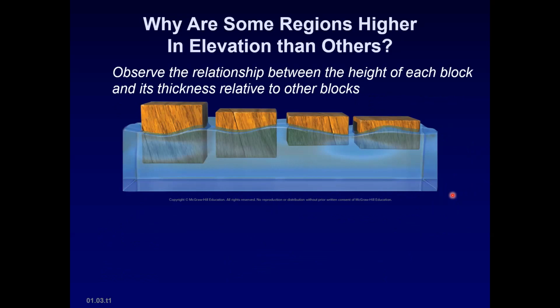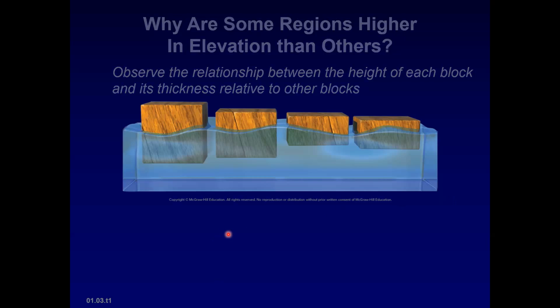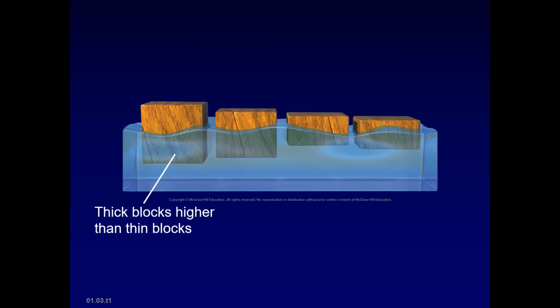Thinking more about why some regions are higher in elevation than others, just based on density and thickness alone right now, we'll look at the relationship between the height of each block. These are wood blocks, and its thickness relative to other blocks. Some observations include that thick blocks are higher out of the water than the thin blocks.